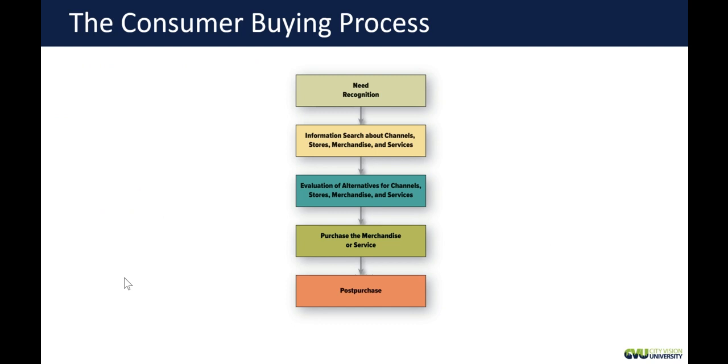You begin searching for information about that need and different alternatives, and once you have that information, you'll evaluate your alternatives. You'll purchase the merchandise or service, and then you'll go through a post-purchase evaluation of your experience.